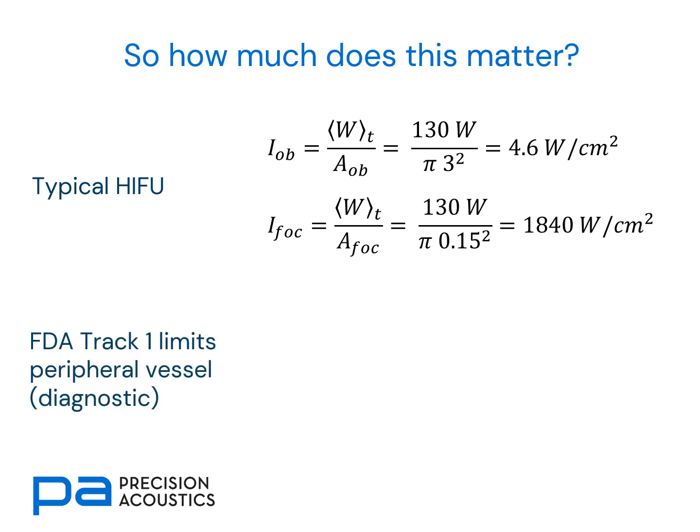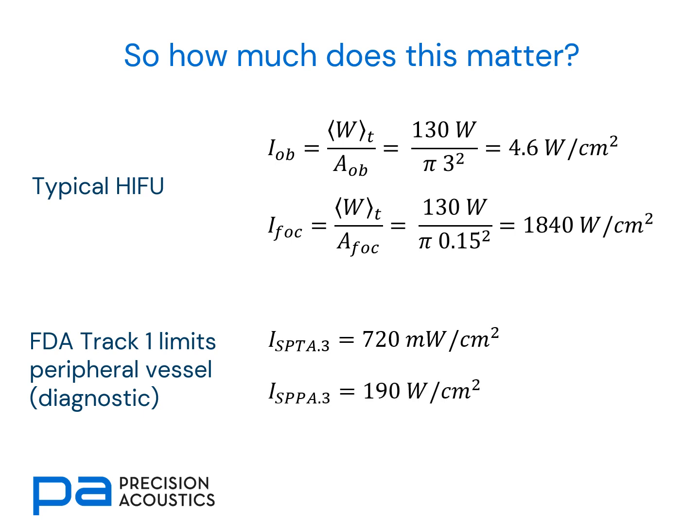Considering now the Food and Drug Administration's Track 1 limits for peripheral vessels, and here we're thinking primarily in the context of diagnostic ultrasound, we can see that the ISPTA limit is 720 milliwatts per centimetre squared. Noting carefully, ISPTA.3 refers to the fact it is the spatial peak, temporal average, derated at 0.3 dB per centimetre per megahertz.